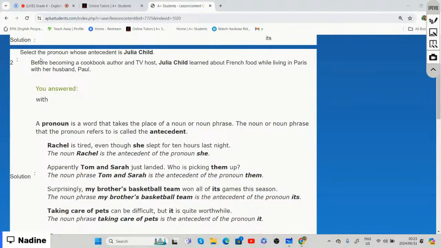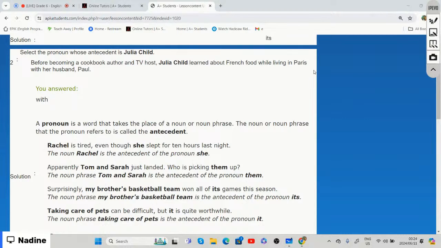Before becoming a cookbook author and TV host, Julia Child learned about French food while living in Paris with her husband Paul.